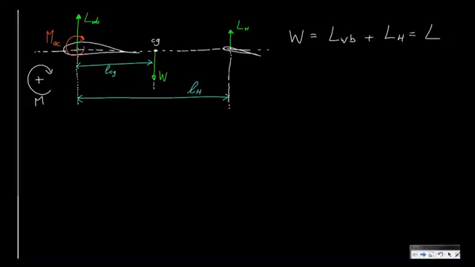For the moment, we can do the same. We can write the total moment equation, which also has to be 0. So if we say the total of the moments, so this has to be an M total, has to be 0. Let's see what it is.